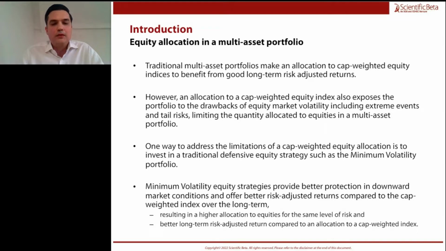One way that investors can address these limitations of the traditional cap-weighted equity allocation is to try a defensive equity strategy instead. And the usual suspect here is the minimum volatility portfolio.